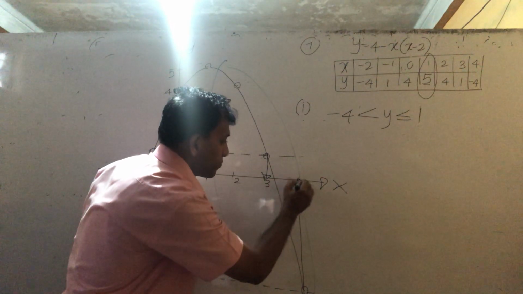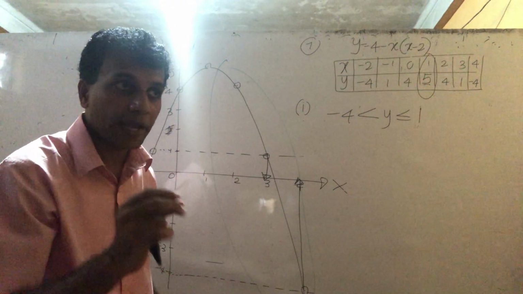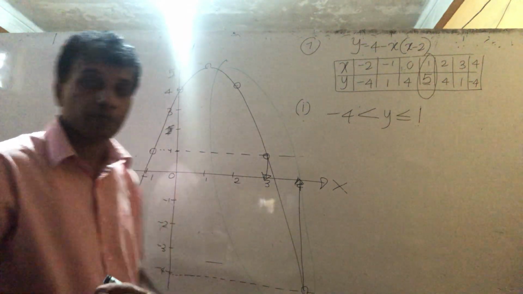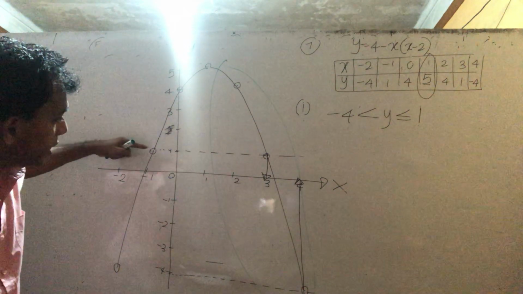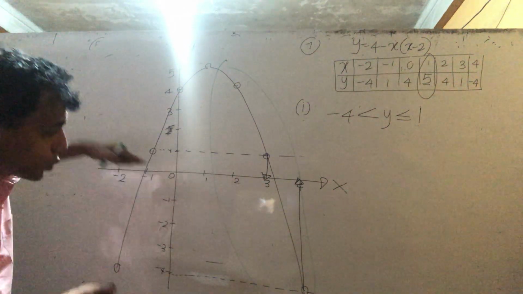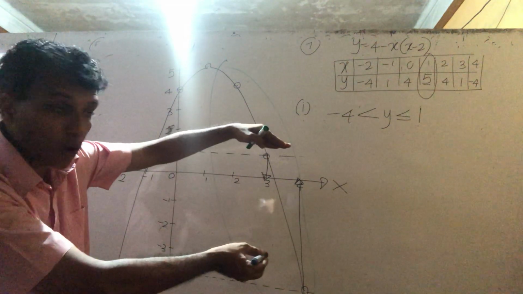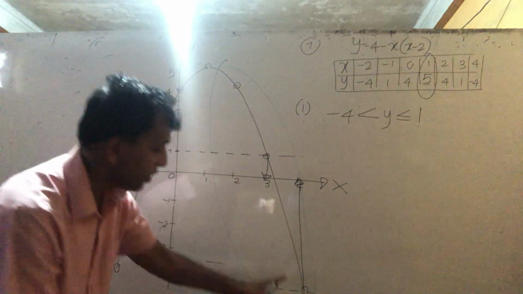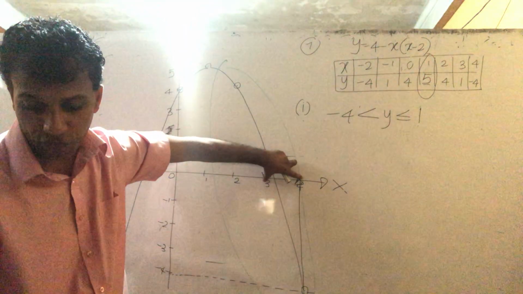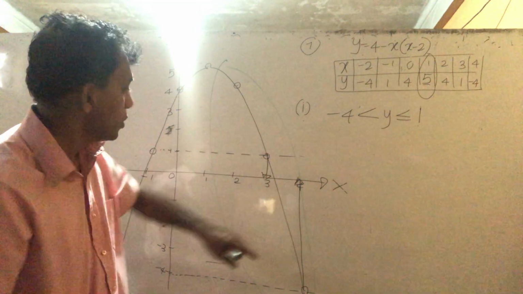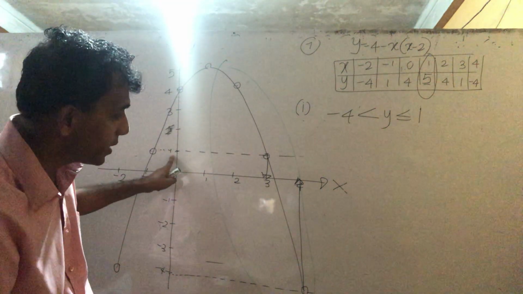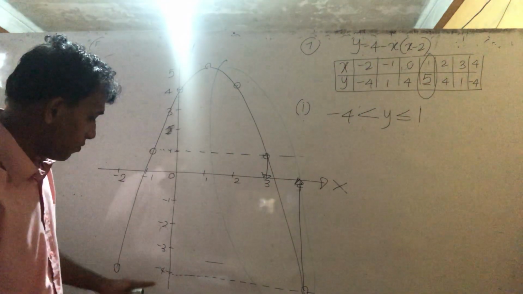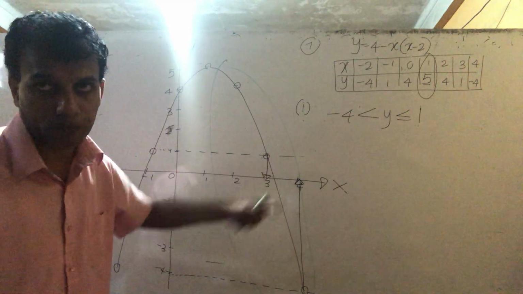This is very important, study it properly, they can ask similar ideas in future questions. Drawing the graph is not all, you have to answer other parts also. I drew the horizontal lines for y plus 1 and y minus 4, see where they cut. So when y is 1, x is 3, and when y is minus 4, x is 4.